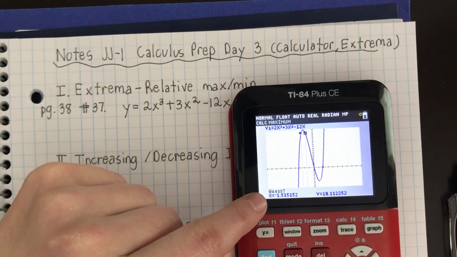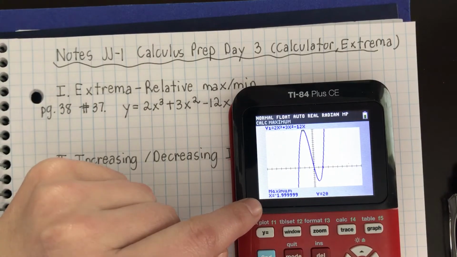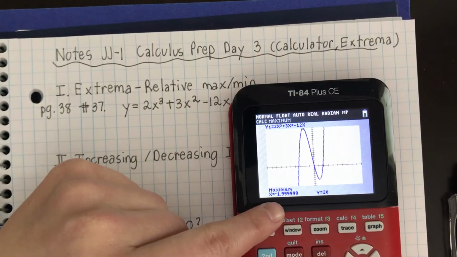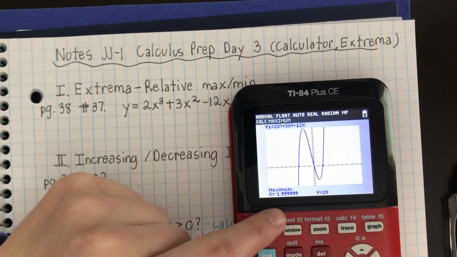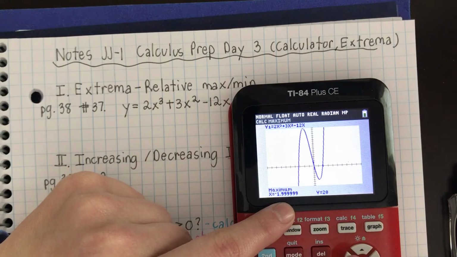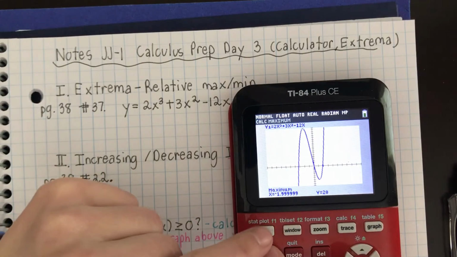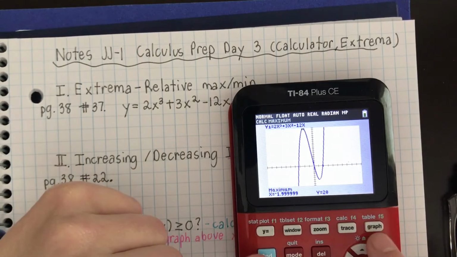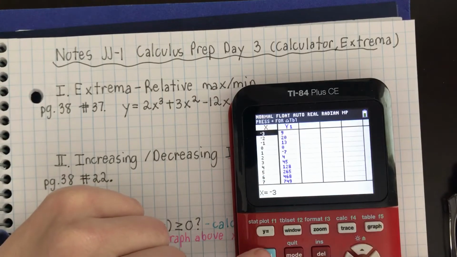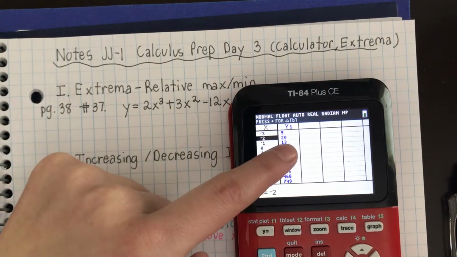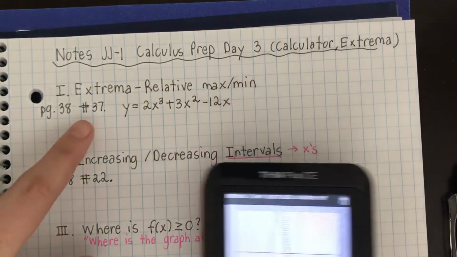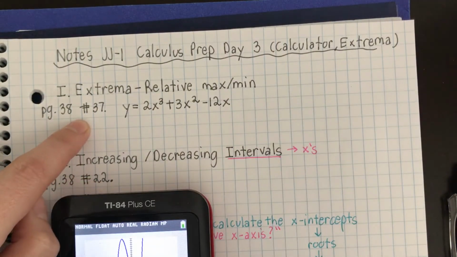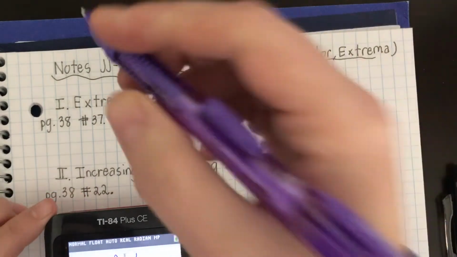So then I hit enter, and you can see I have negative 1.999999 and comma 20. So your bet that that's negative 2 is a pretty good bet. We're going to verify with the table. So second table, we should have negative 2, 20, and we do. Okay, so negative 2, 20 is our relative max.